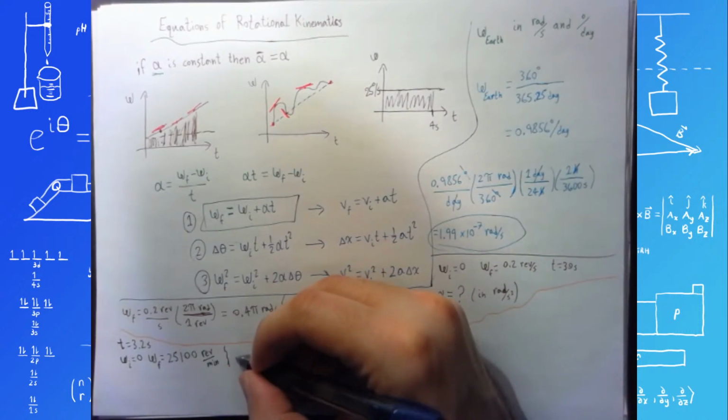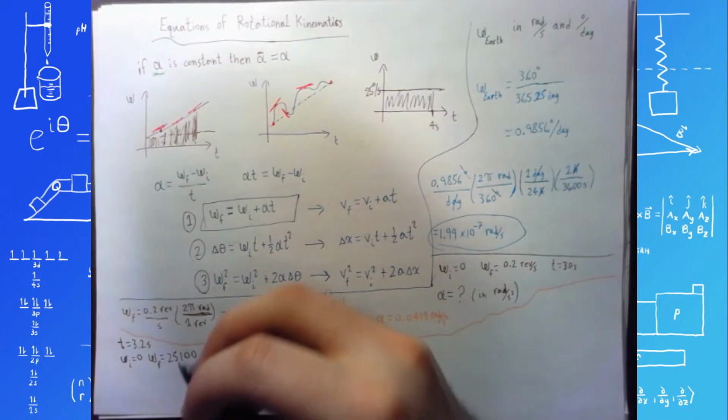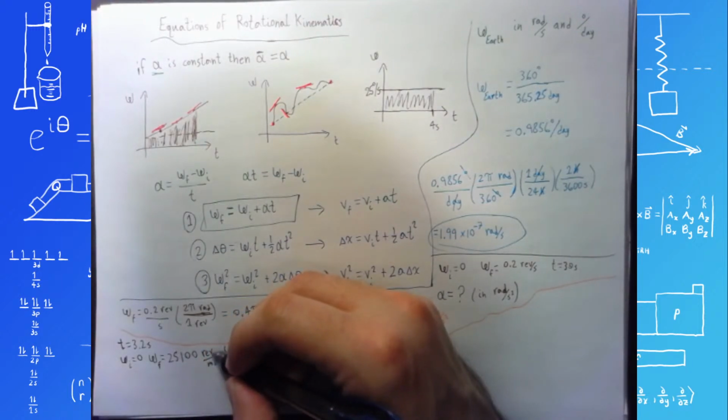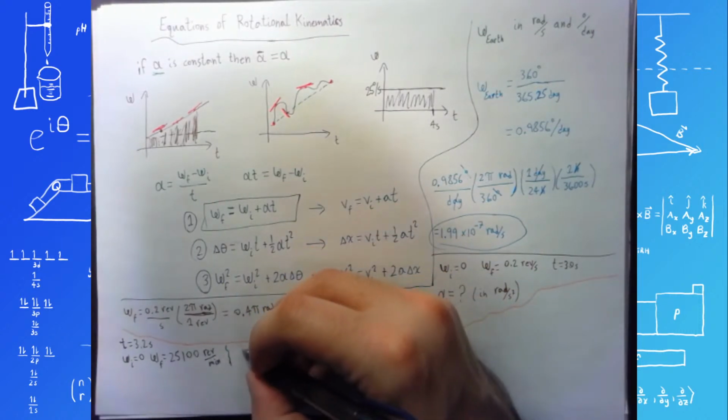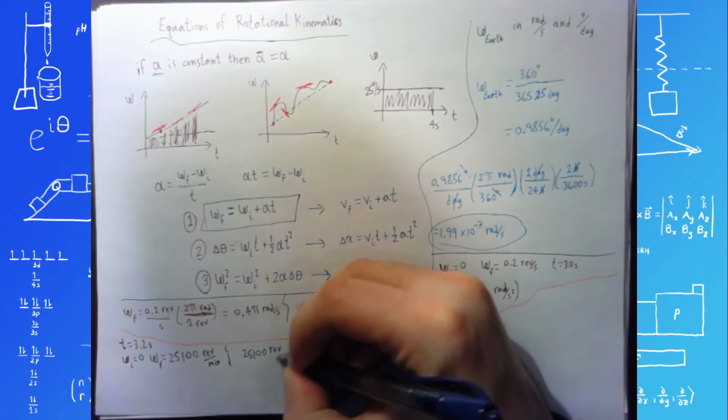So let's go ahead and get the angular acceleration. I'm getting my steps out of order. Let's go ahead and convert first and then get our angular acceleration. So convert revolutions per minute to radians per second, 25,100 revs per minute.